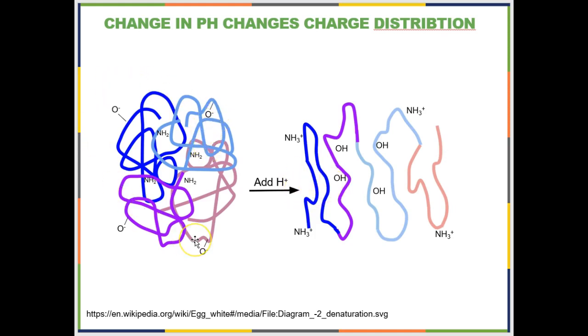So what were hydrophilic amino acid side groups on the outside become hydrophobic, and our hydrophobic amino groups, which were on the inside, become hydrophilic. And when you rearrange the charges, that just causes the protein to unfold, because now all the hydrophobic and hydrophilic interactions are all out of whack. And this is why proteins denature when you change the pH on them, because you're changing the charges on all of those acidic or basic amino acid side groups.